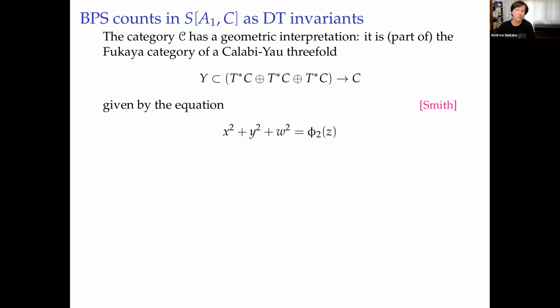Okay, and one more thing to say about this is the category. So I said that given your Riemann surface, there's some 3 Calabi-Yau category out there, and one geometric interpretation of that 3 Calabi-Yau category is that it's actually the Fukaya category of a certain non-compact Calabi-Yau threefold.